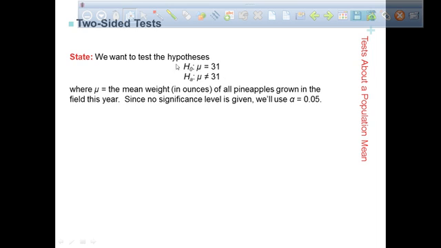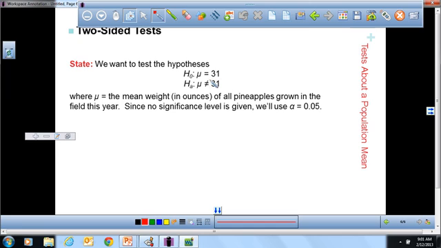Alright, so looking at a two-sided test, it doesn't matter if we think the actual pineapples are smaller or bigger than the 31 ounces, we just want to know if it differs, so we have a not equal to in our alternative, which right here makes it a two-sided test. Remember that this makes it a two-sided test, and you have to double your p-value.